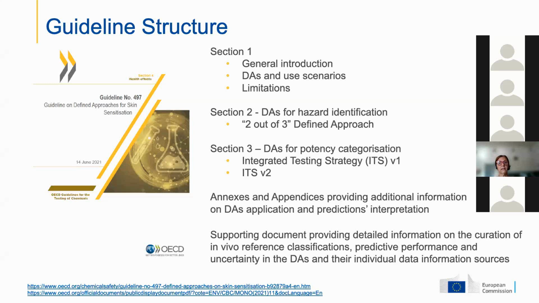At the end of the guideline, there are a series of annexes and appendixes that provide additional information on how to apply the DAs and how to interpret the prediction. In addition, all the analyses that were performed in support to the development of this test guideline can be found in the supporting document that is published as a series on testing and assessment number 336. Next slide.